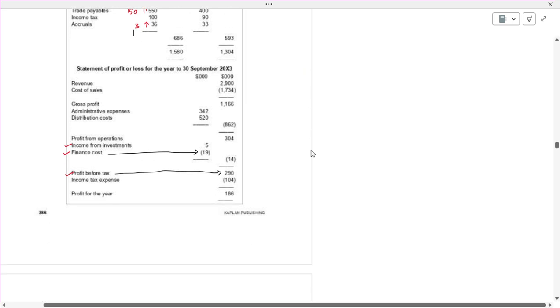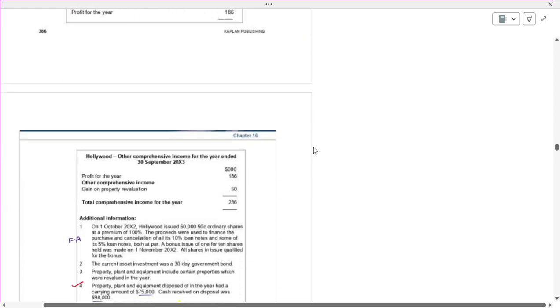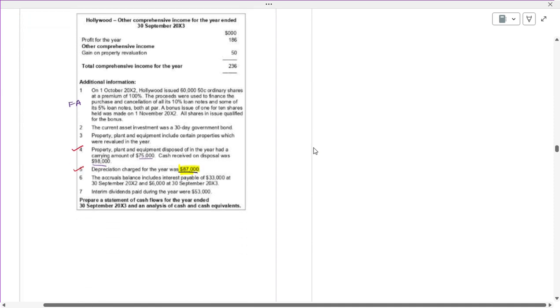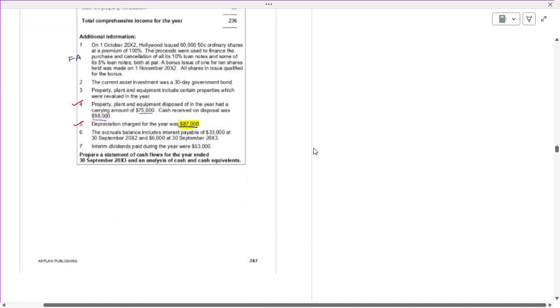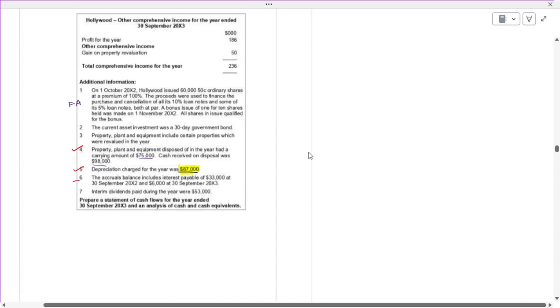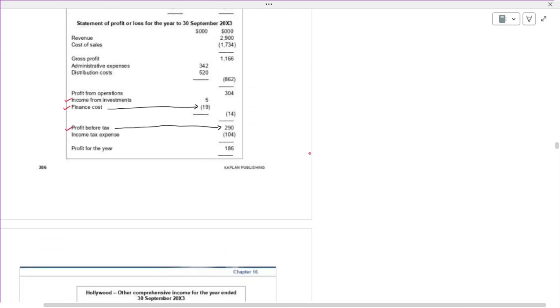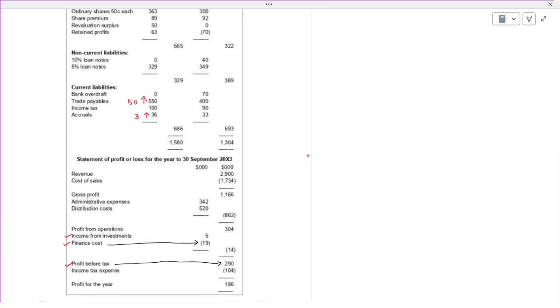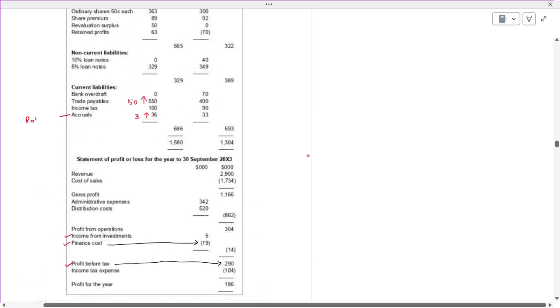Accrual is outstanding. See, they have given something in accruals here, point number 6.